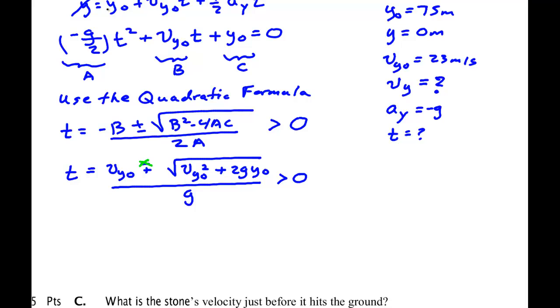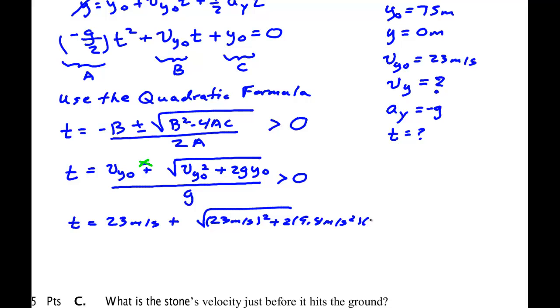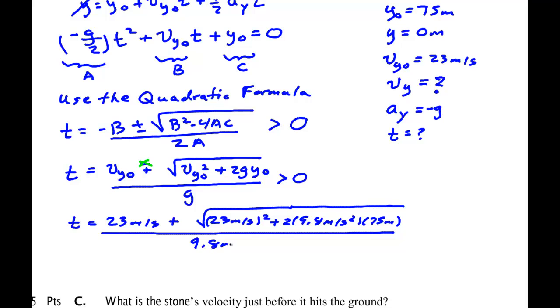So we get t is equal to 23 meters per second plus the square root of 23 meters per second squared plus 2 times 9.8 meters per second squared times 75 meters, all of that divided by 9.8 meters per second squared. You punch all of that in and you come up with 6.91 seconds. So that's how long it's in the air.